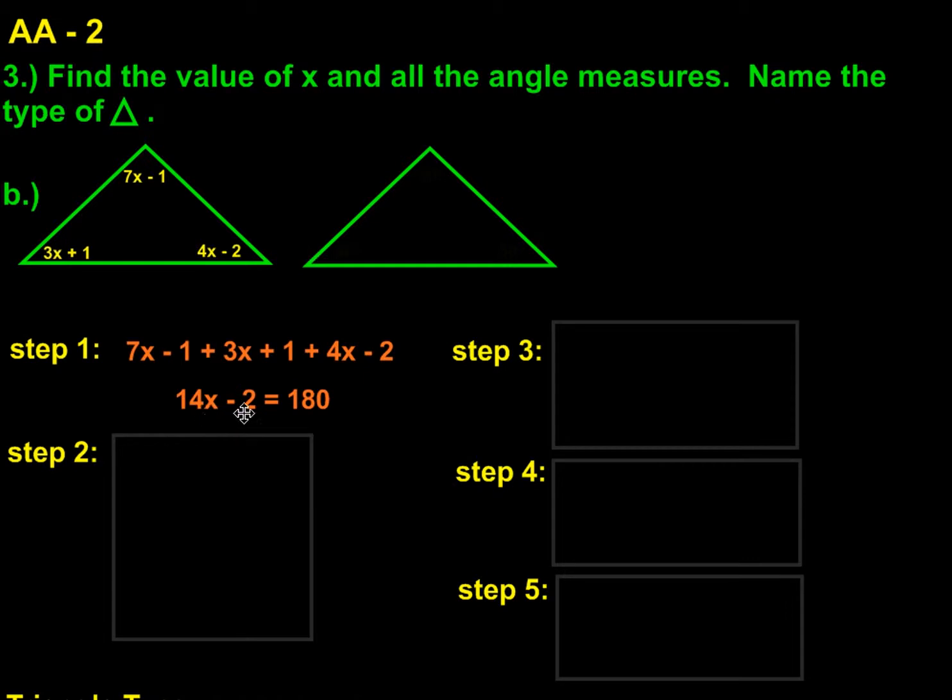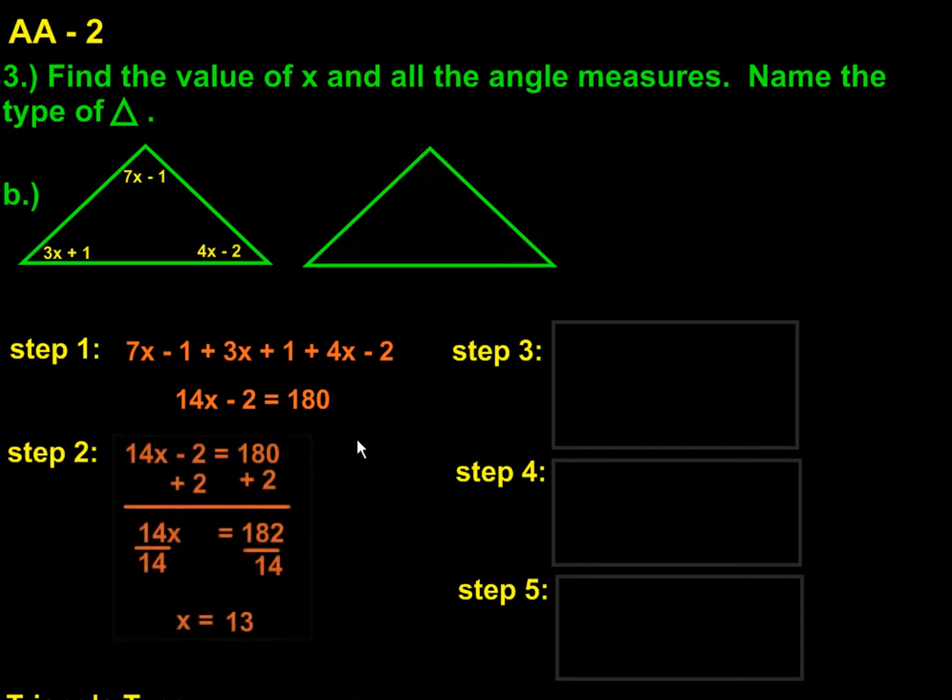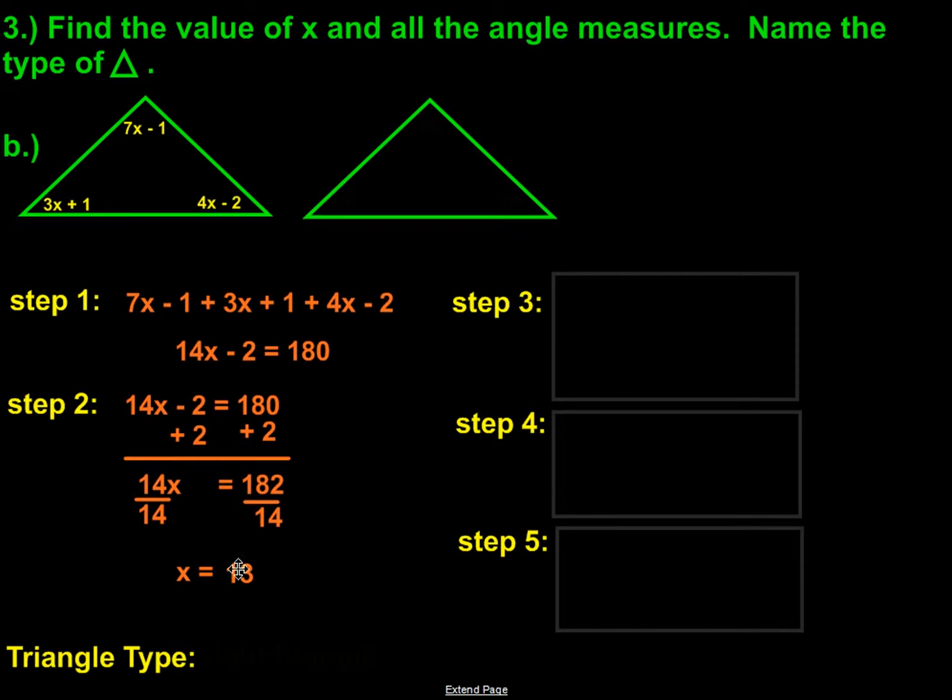We'll get 14x minus 2 equals 180 degrees. Then we add 2 to each side and divide by 14 on each side, and we'll find that x equals 13.